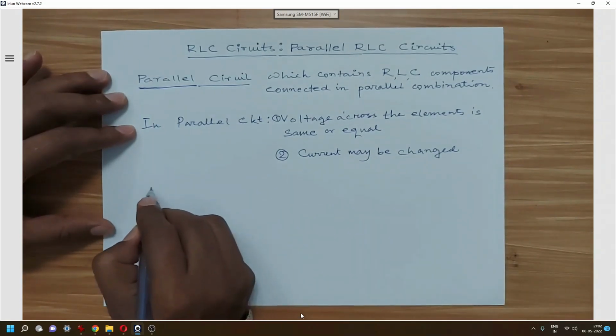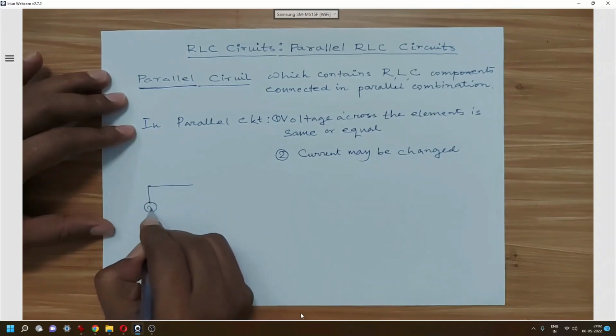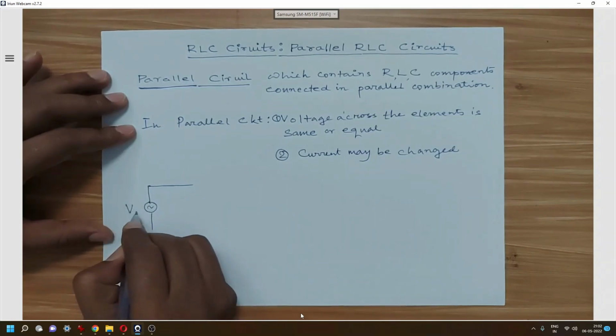So we can draw one simple parallel circuit excited by one alternating current source.